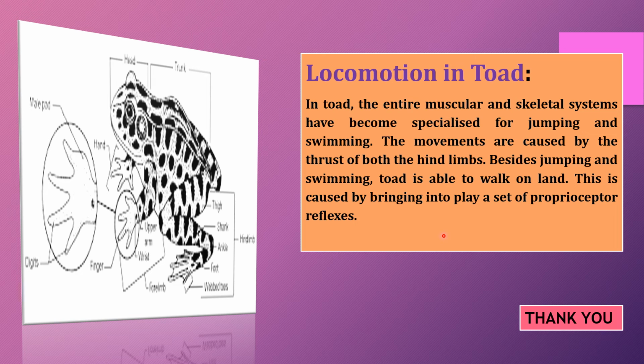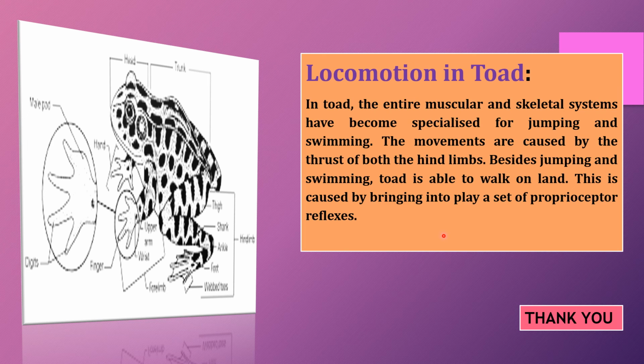Now I am coming to this word, proprioceptor or proprioceptive reflexes. In this case, these are reflexes in muscles or legs. When this type of reflex happens in the muscles or legs of an animal, those reflexes are called proprioceptor or proprioceptive reflexes.